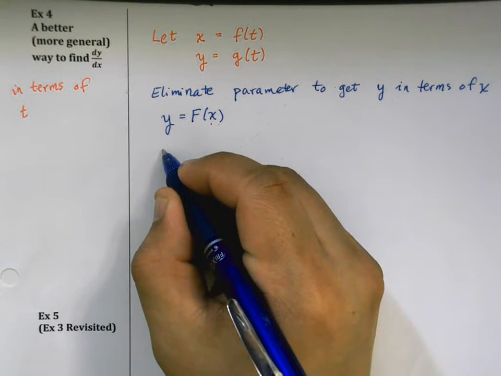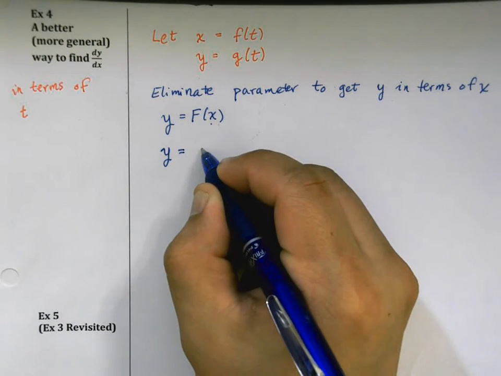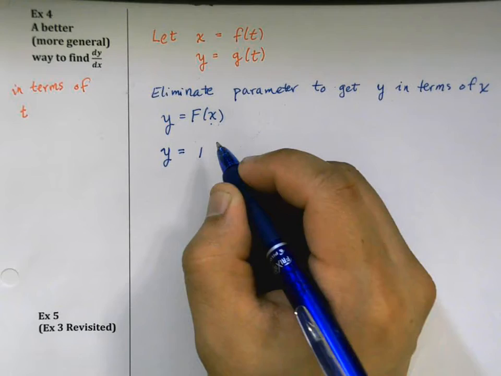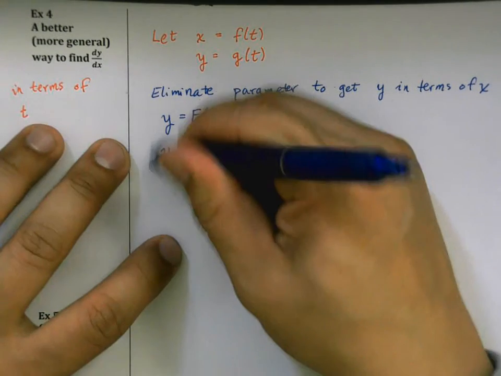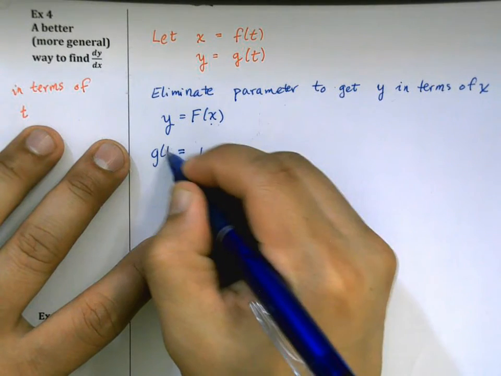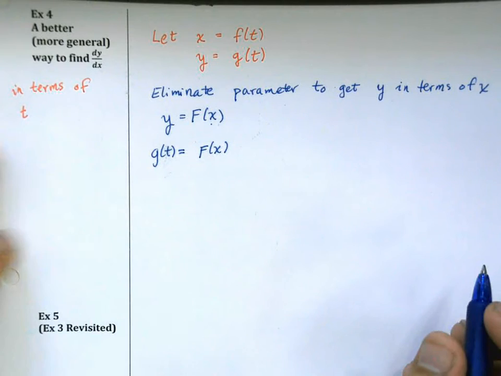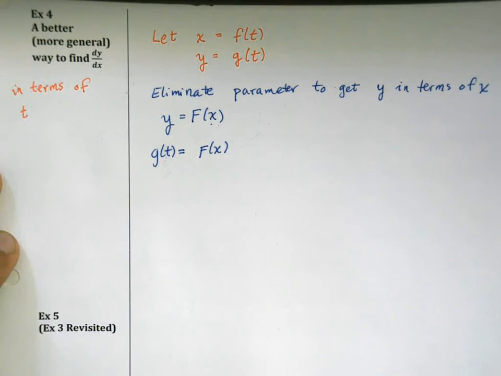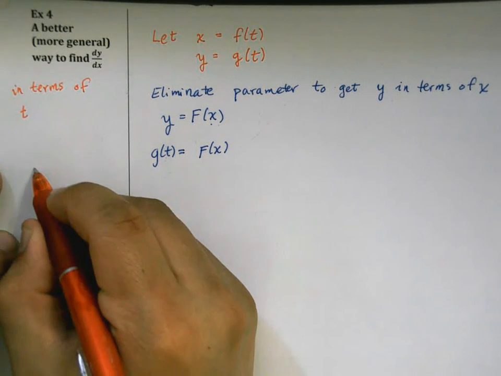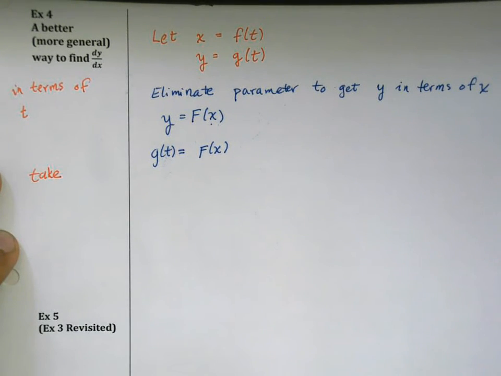So we can say that y is equal to g of t, okay, is equal to big F of x. And then we're going to take the derivative of both sides. So here we want to take derivative of both sides with respect to t.